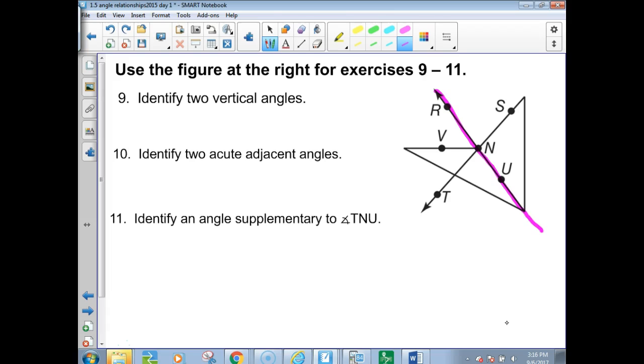What other one should I highlight? S and T. Yep, all those points. Now, when you name a line, remember you only use 2 points to name it. Okay, now I want to name 2 vertical angles. As soon as you can find 2 lines crossing, you can find me vertical angles.